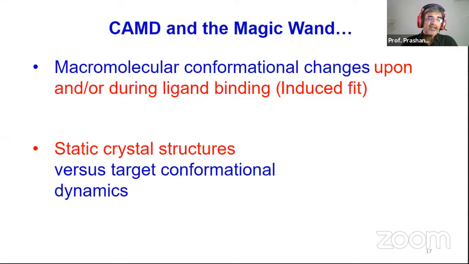Meaning, when a ligand approaches the macromolecule and binds to it in the active site or binding cavity, there will always be some conformational change associated with the macromolecule, and at times it is very difficult to simulate those changes in the computer. Those changes could be very crucial in predicting whether a ligand is binding with the macromolecular target with high affinity or not, right? Which we call induced fit.